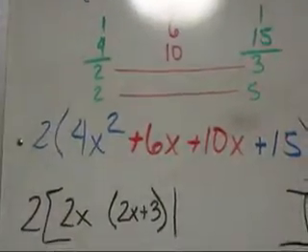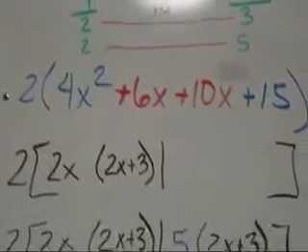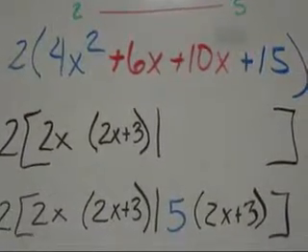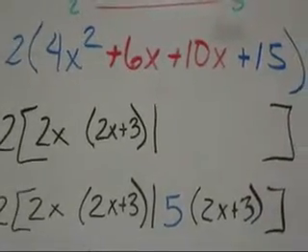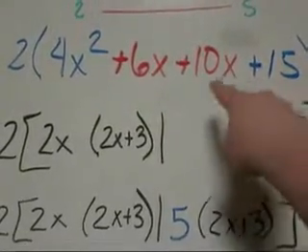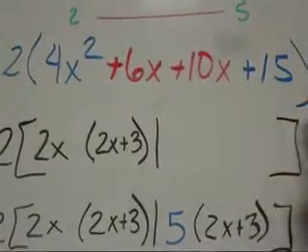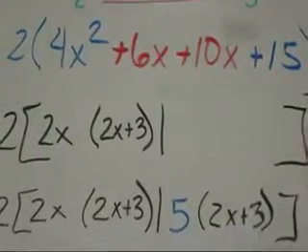Remember that the binomial has to be shared, so you just automatically pick it up and put it on the other side, and then you ask yourself, what would I multiply 2x plus 3 by to get the original binomial of 10x plus 15? How do I get that?